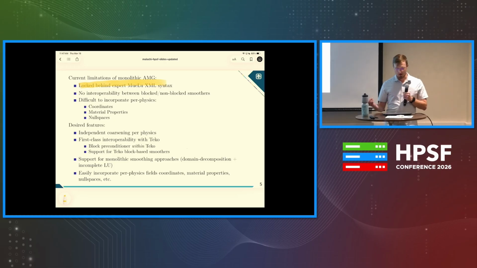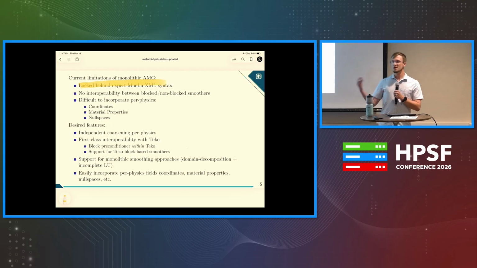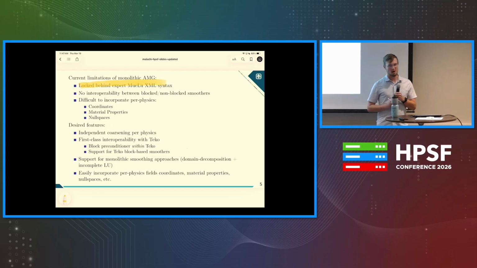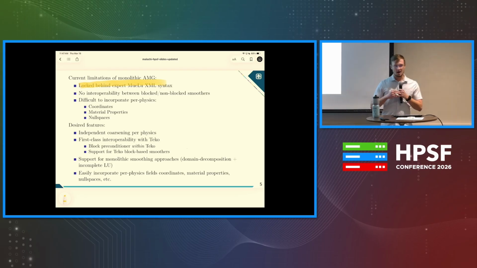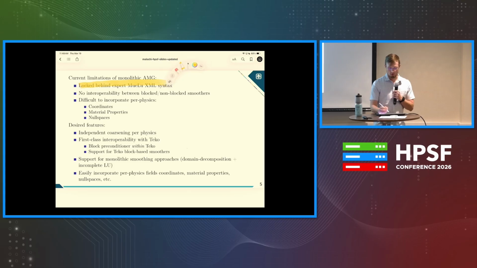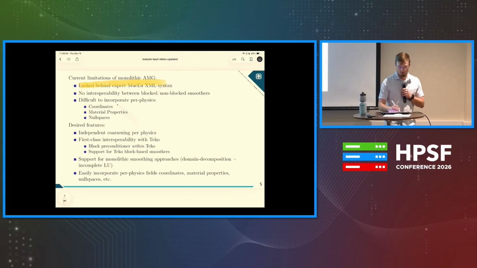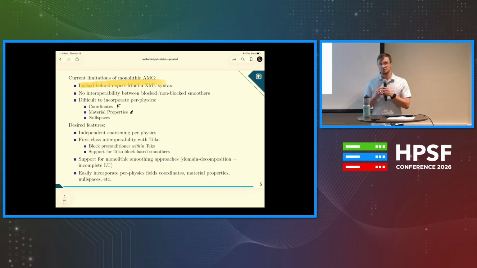There is little interoperability between using block and non-block based smoothers. So right now, if you wanted to use a monolithic DDILU smoother with this approach, you're just out of luck. And then it is possible to incorporate per physics information like coordinates or material properties, but it's challenging to configure.